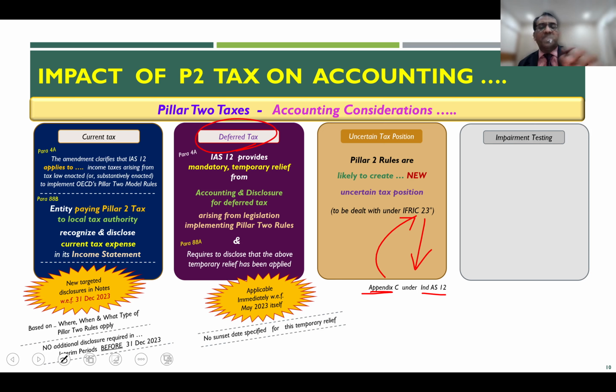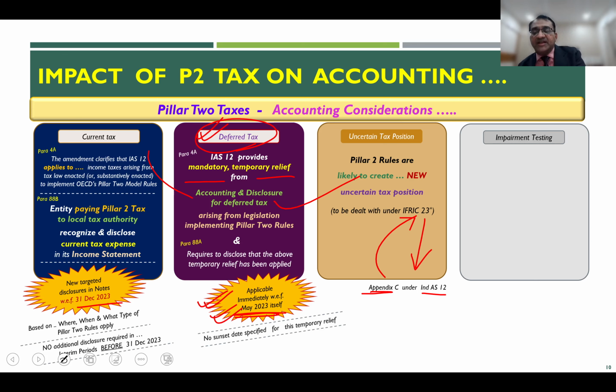Coming back, one more important point on the deferred tax side: this mandatory temporary relief for both accounting and disclosure of the deferred tax arising out of the Pillar 2 rules is applicable immediately with effect from the amendment itself. So the amendment was brought in May 2023, and this requirement is applicable with immediate effect from May 2023.